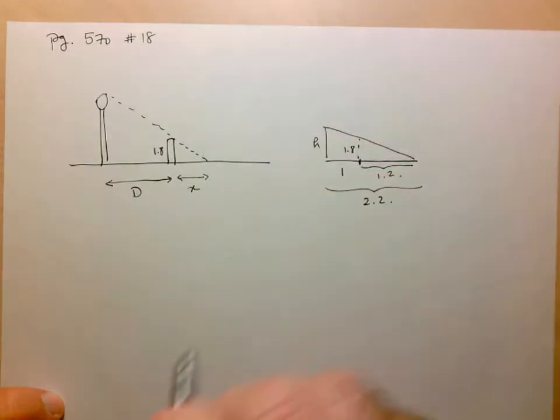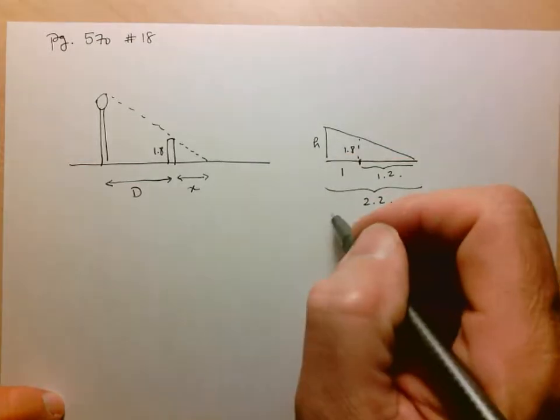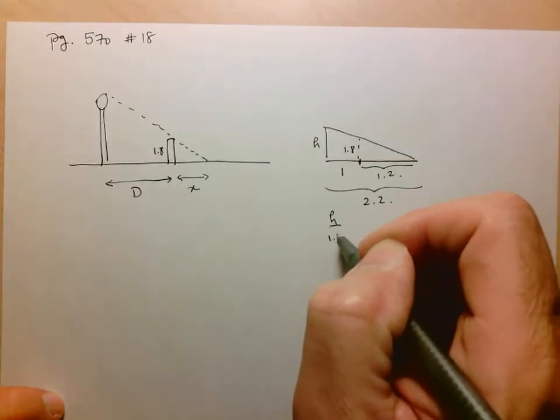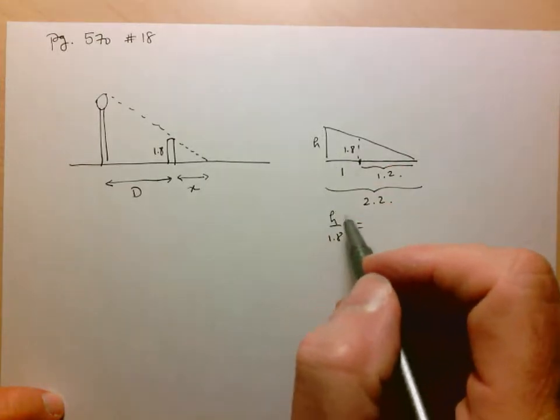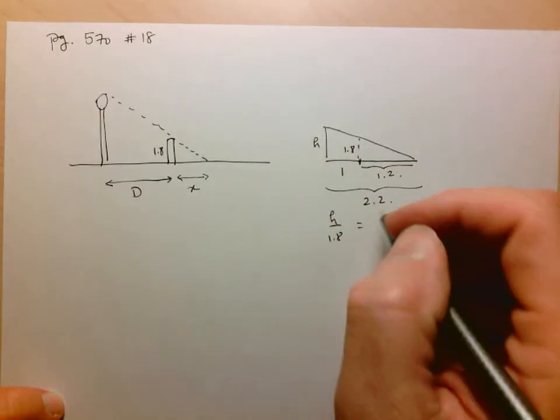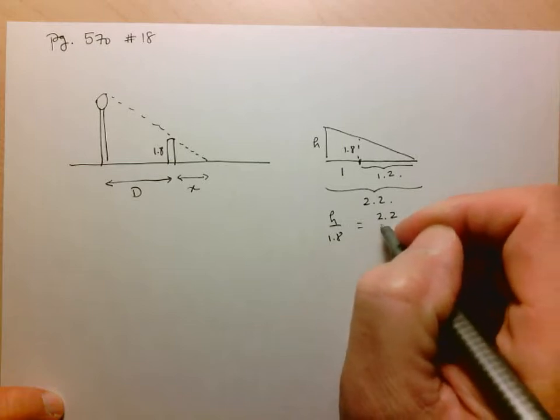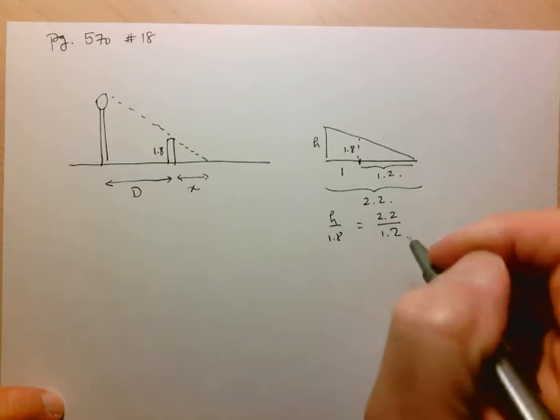And that's the only variable I don't know. So I'm going to go h over 1.8 is equal to, since I started with the larger triangle, 2.2 over 1.2.